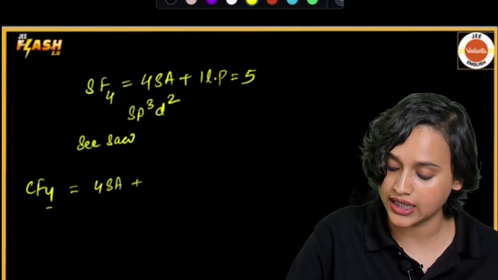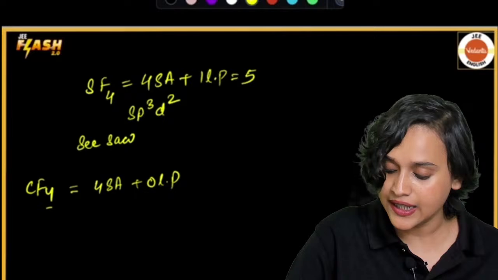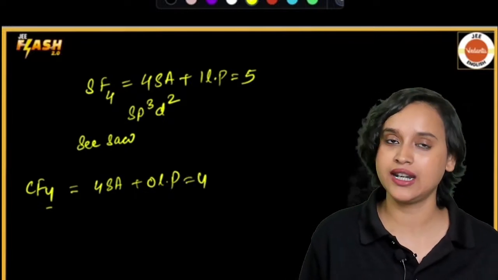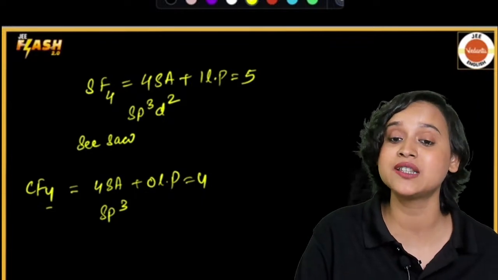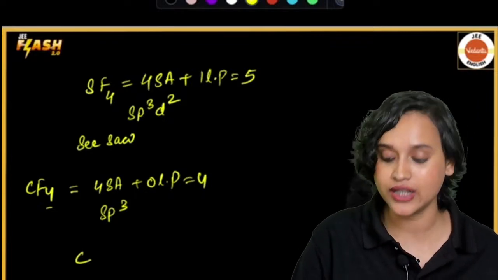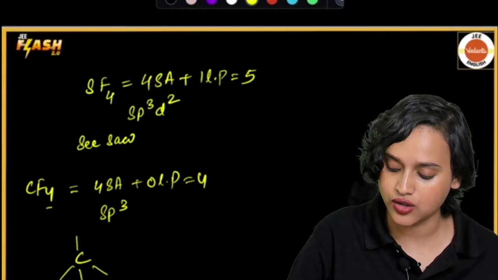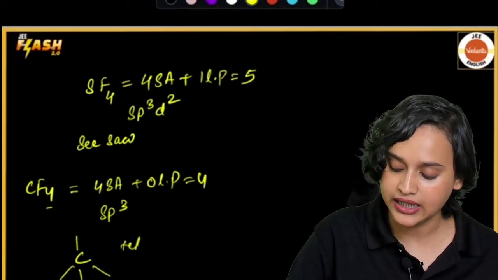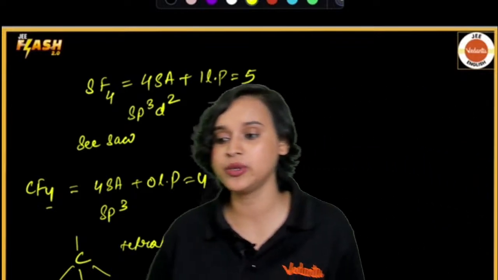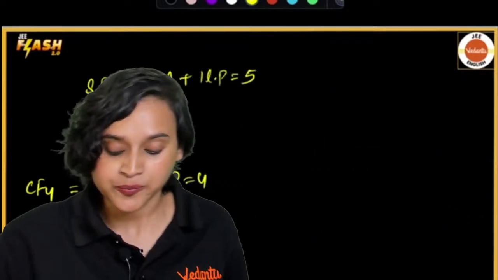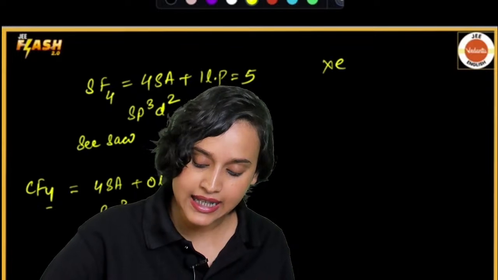You have 4 surrounding atoms plus 0 lone pair. So 4 is the steric number. If 4 is the steric number, what will be the hybridization? sp3. If it is sp3, how do you draw the structure? You draw it like this, 1, 2 and 3. This will be tetrahedral, isn't it? Do we all agree, guys? This is going to be tetrahedral. Very good.